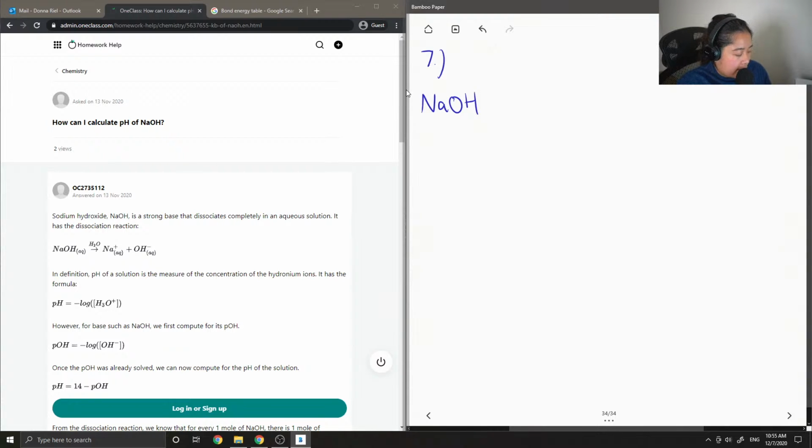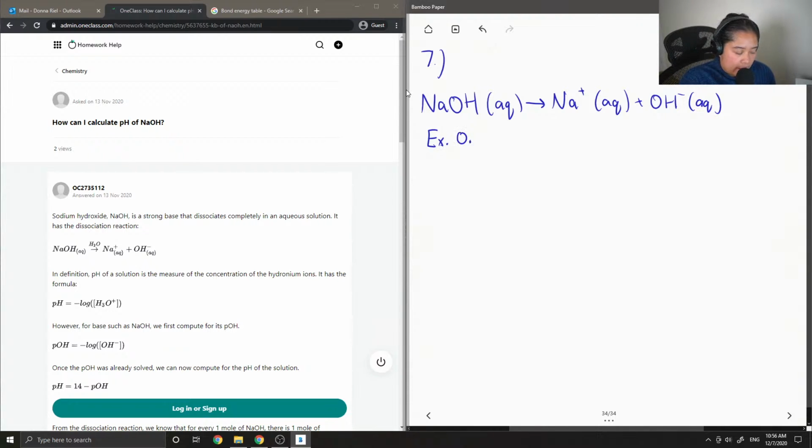So we can't just use pH is equal to negative log, because when NaOH dissociates into its ions, you get sodium plus and a hydroxide.